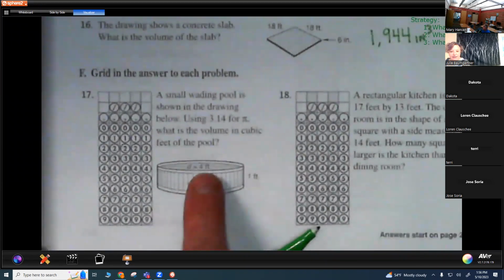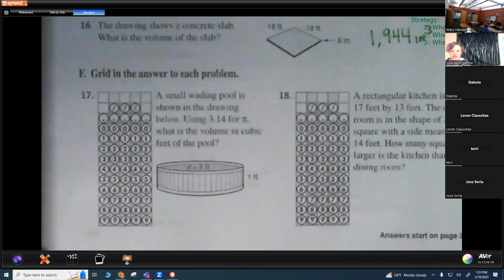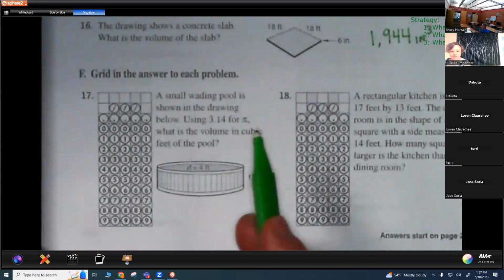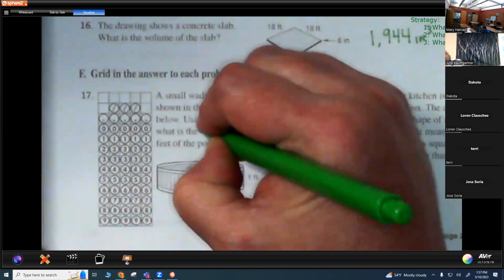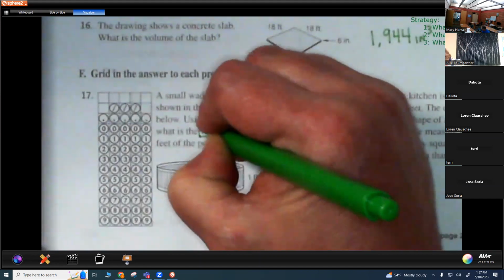So we have a figure here. A small wading pool is shown. Use 3.14 for pi. What's the volume in cubic feet of the pool? So we need, what's our shape? And we're measuring volume.